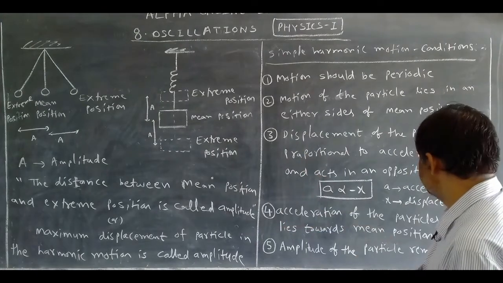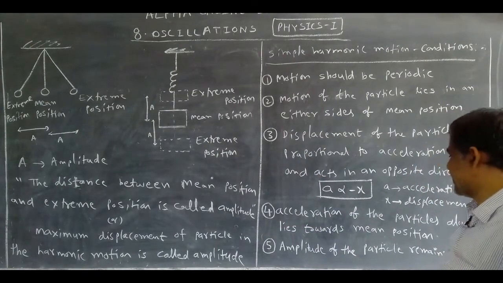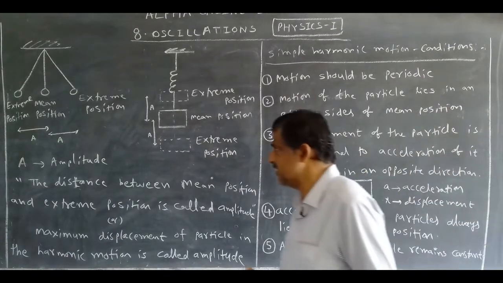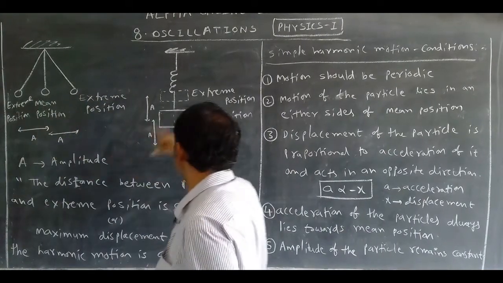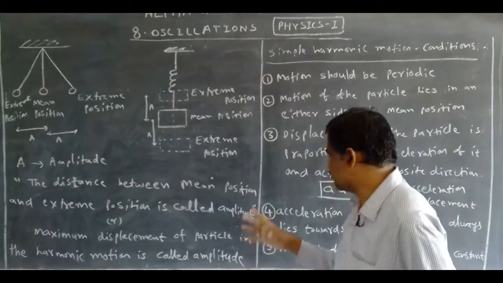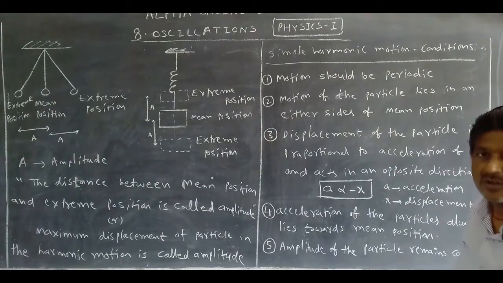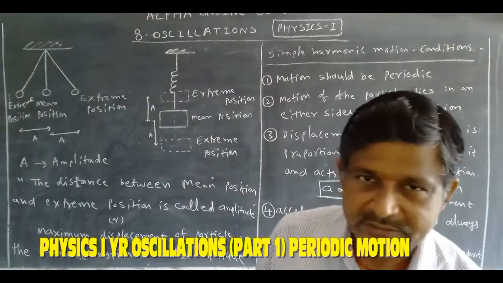Fourth one, acceleration of the particle always acts towards the mean position. Last one, amplitude of the particle remains constant. Amplitude should be a constant.